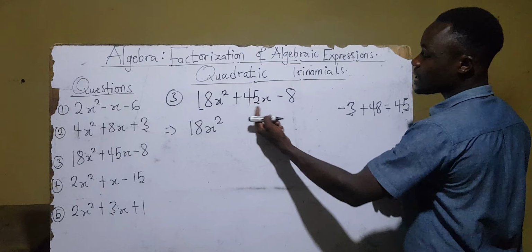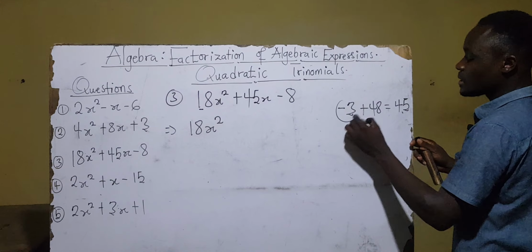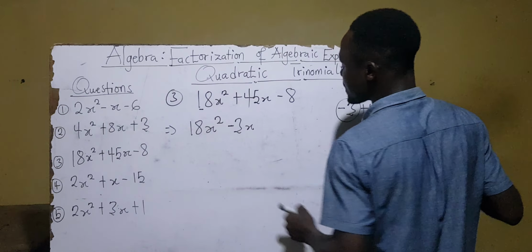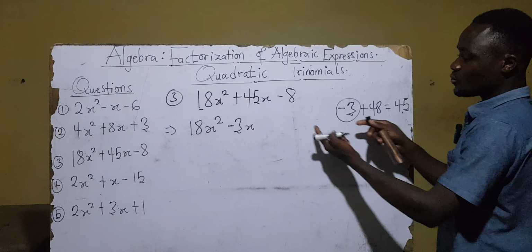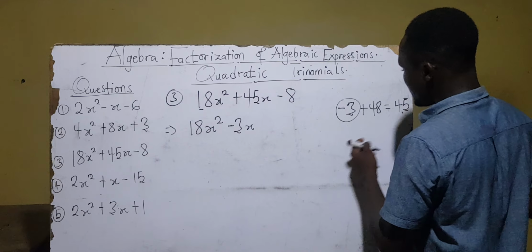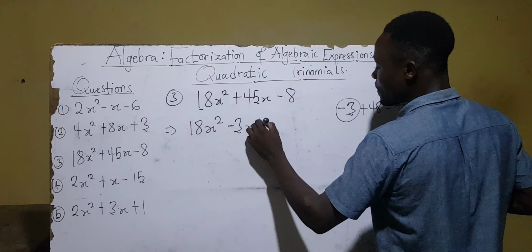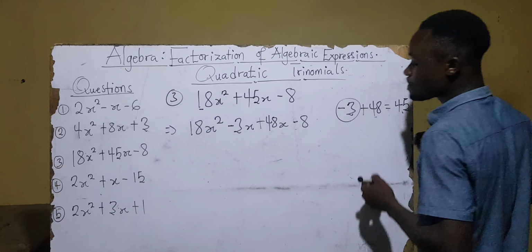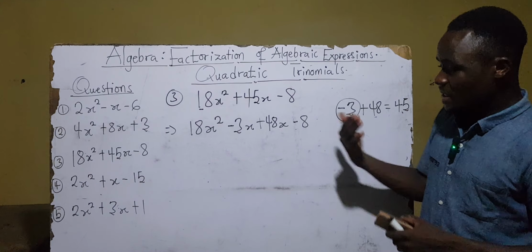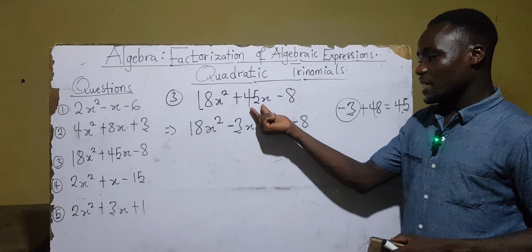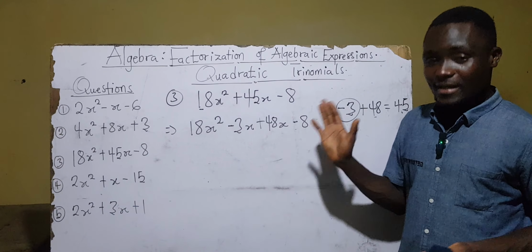Now positive 45x can be expressed as negative 3x, which can come here, because I'm going to use these two things to represent this. I'm trying to expand the 45x. Then the next one is positive, so plus 48x minus 8. I believe you are getting that. Mathematically, when we add negative 3x plus 48x, we'll definitely get positive 45x. I believe you are clear with that.